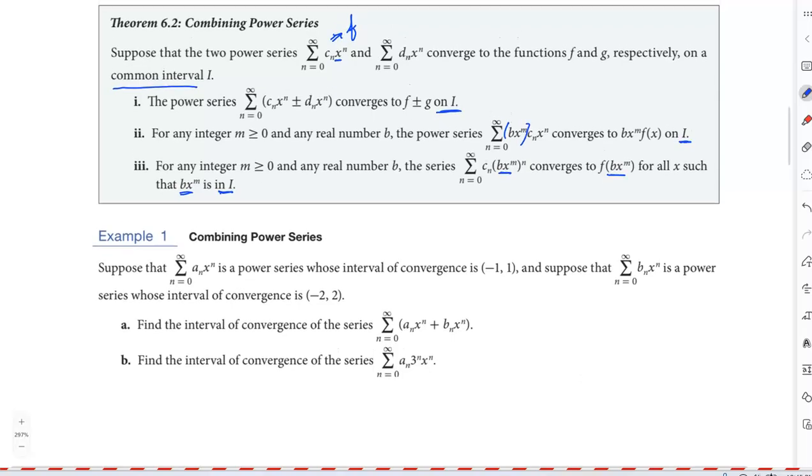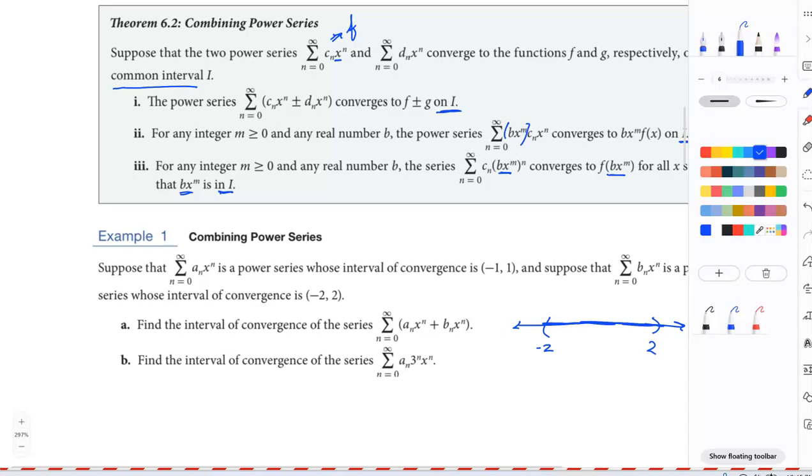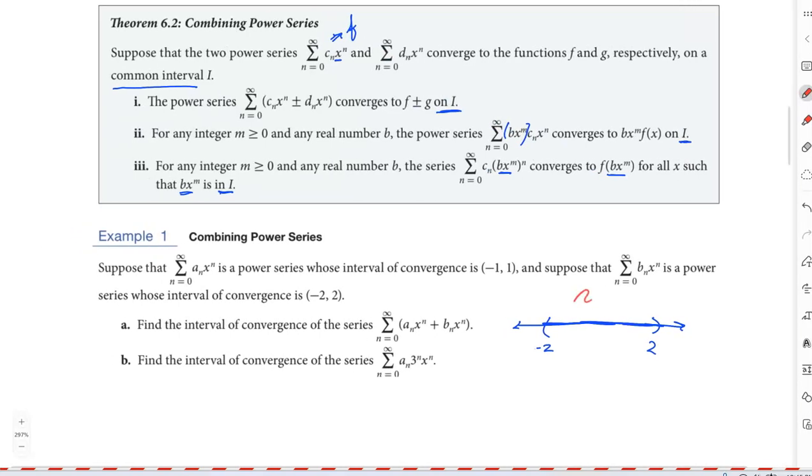So if we go back to our theorem, if I'm looking at the sum, it's got to converge on that common interval. So what do the intervals negative 1 to 1 and negative 2 to 2 have in common? If I think about drawing these intervals on a number line, here's my negative 2 to 2, and then negative 1 to 1 in a different color. If I look at the overlap, that overlap's going to happen between negative 1 and 1.